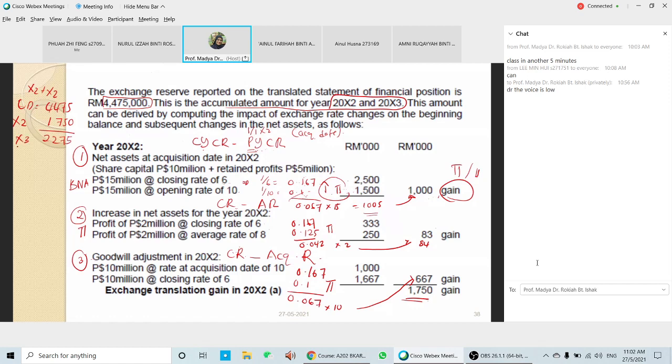Based on the information for X2, you can find the exchange difference in X3. But you need to show the same calculation like the one that you have for X2 here, because if you have more than 2 years, in this example it's simple because you already know X2, so you can find the difference for X3. In the case when the translation accumulated exchange difference is more than 2 years, then you need to show the calculations here. So we need to calculate for the year X3, the same thing for the year X3.